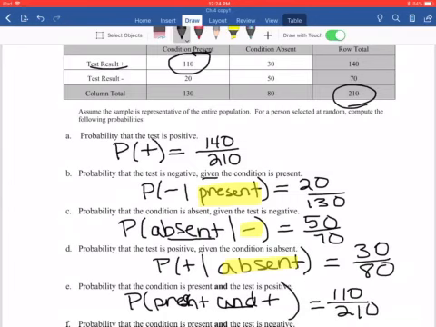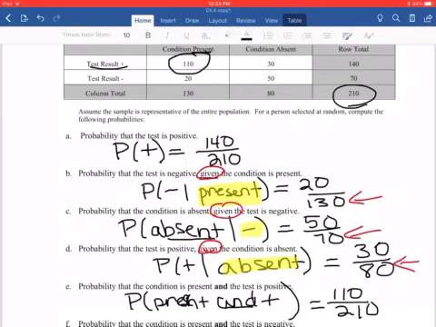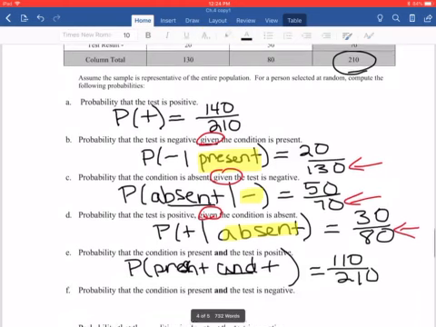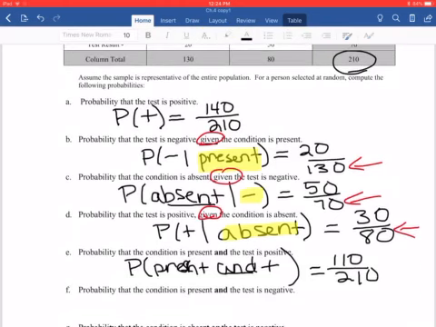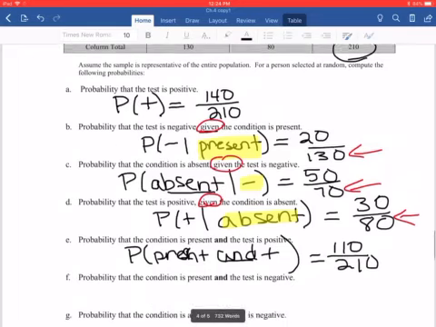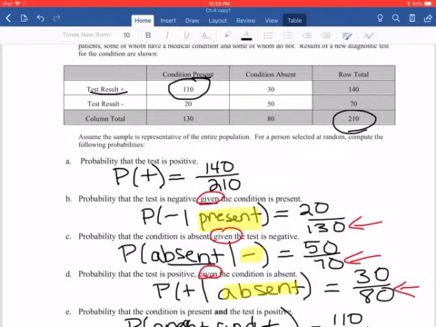So the only time our sample sizes change is when we're dealing with conditional, the givens. So when we have these conditionals, that's when we have a smaller sample size. Make sense? If we're dealing with and, it's no longer dealing with the conditional, and we're dealing with the total population.